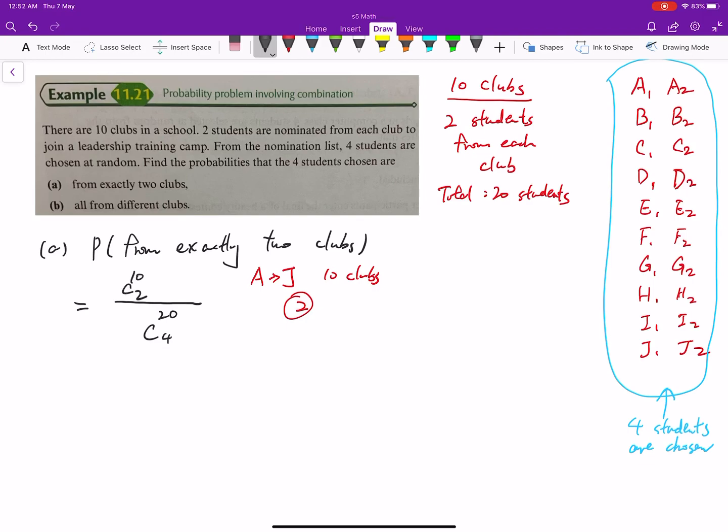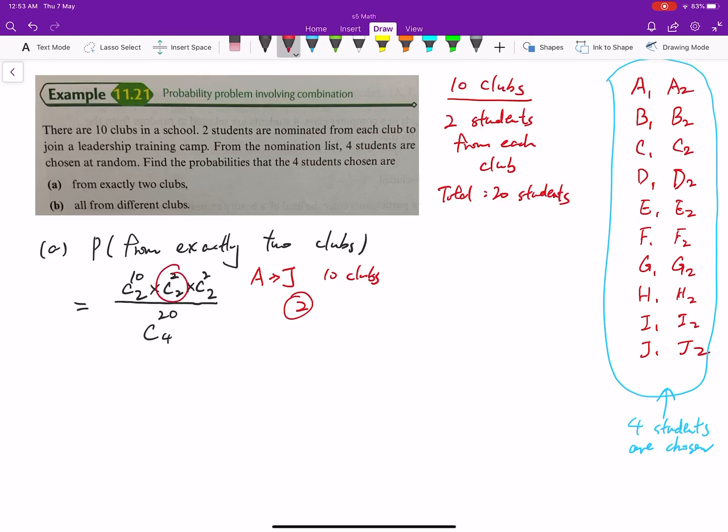After you choose 2 clubs, the next step is to choose the students from the clubs. For example, you take AB and then you need to take both students from A, because in total you need to pick 4 students. So you will have 2C2 times 2C2.